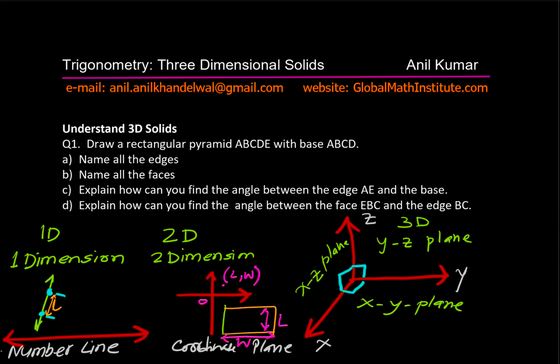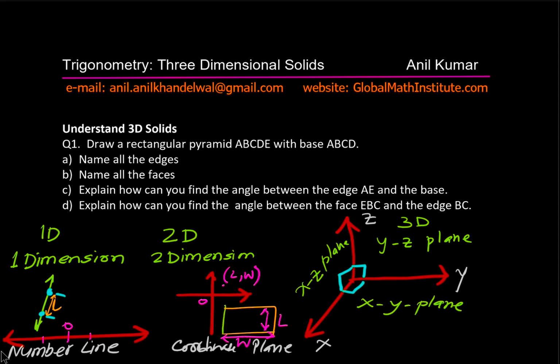So in one dimension, we were only looking into lines where you could find the length from, let's say, 0, how far you are. In two dimensions, we could have two quadrants, which is L and W, or X and Y in general. And in three dimensions, we have 3 points. And as you can see here, in three dimensions, we introduced the concept of lines, the concept of planes, and these two-dimensional figures will be termed as faces.